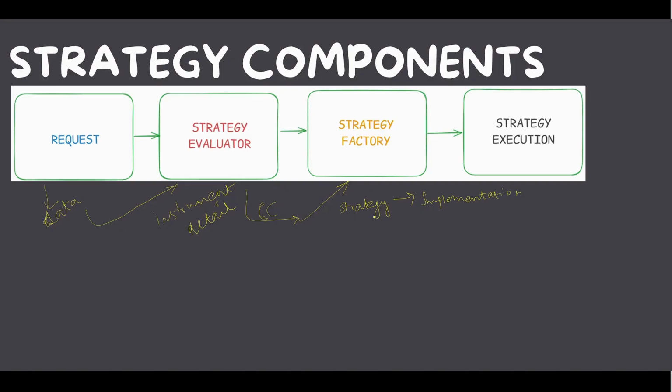Based on this strategy, we fetch its implementation, and then we simply execute this strategy and we get the response. So this is a common flow that is present over all the strategy patterns that we define.